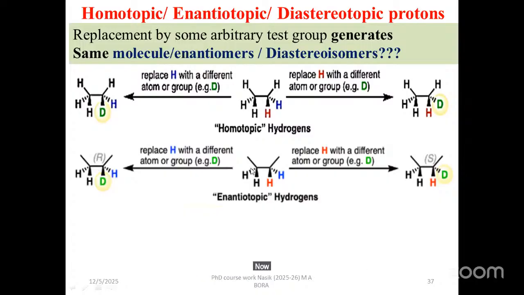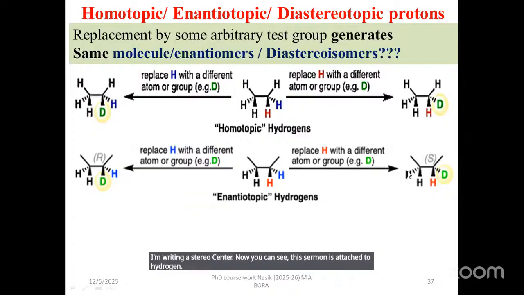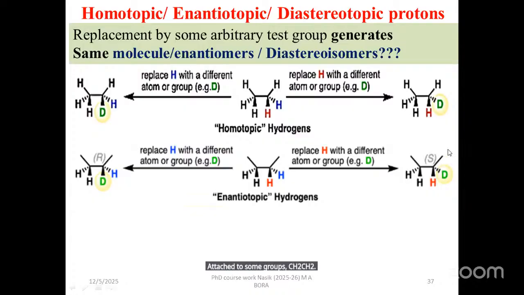Now, when I replace, what am I getting? After replacement of one of the hydrogens at this particular carbon, I am getting a stereo center. This carbon is attached to hydrogen, CH3, CH2, and some D. This carbon is a chiral carbon.